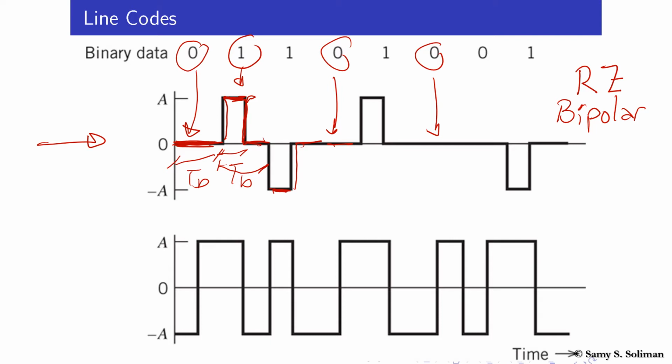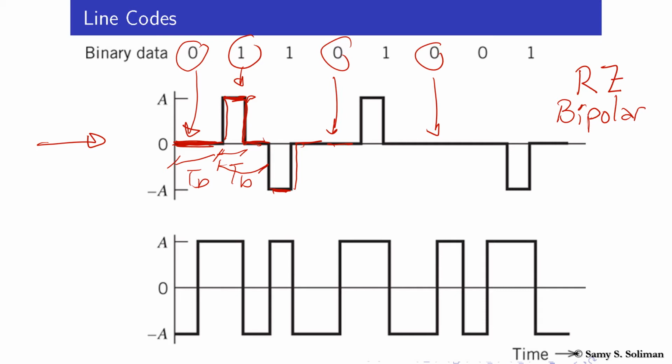We might be interested in using this type of representation if we want, for example, to have an average of the signal close to 0, because all the 0 bits are represented by 0 volts, so their DC is 0. And if we have an even number of ones, half of them will be represented by positive A volts, while half will be represented by negative A volts, and then the DC of such a signal is 0.